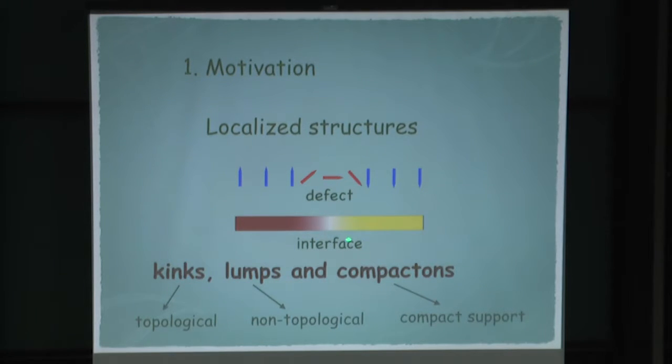And in this context, we call this an interface, which separates distinct regions in space. And those kinds of solutions can be kinks, which are topological, lumps, which are non-topological, and the compactons, which are kinks or lumps that live in a compact support.